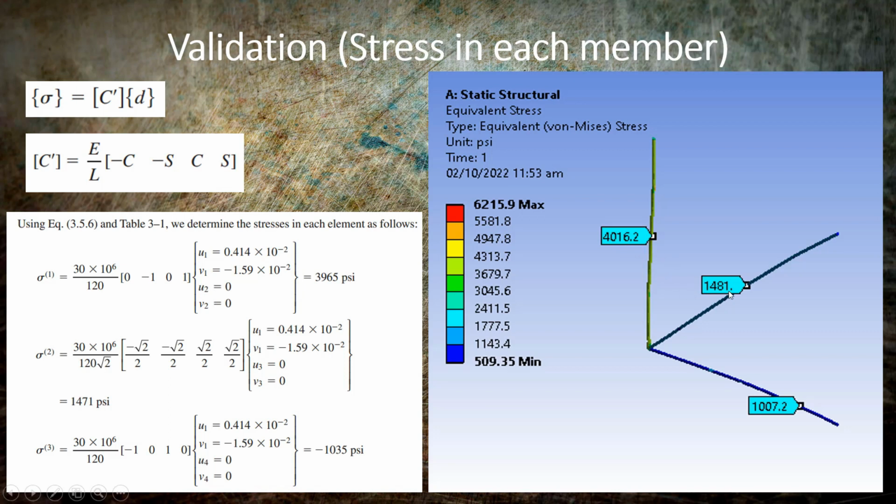And similarly for member 2, it is also correct, and for member 3 is also correct. So we have compared our results. That means our simulation or ANSYS solution is correct.